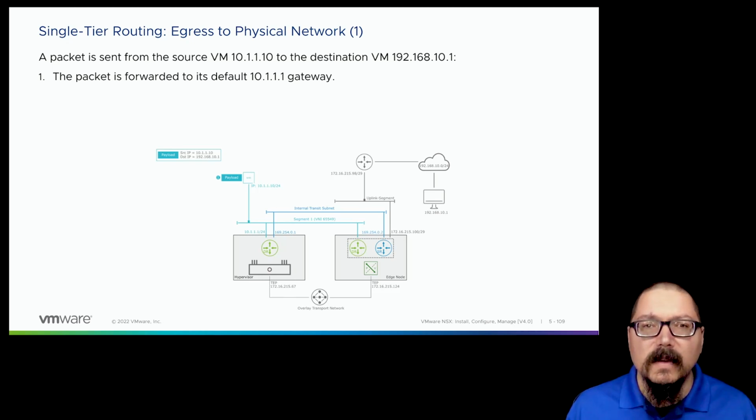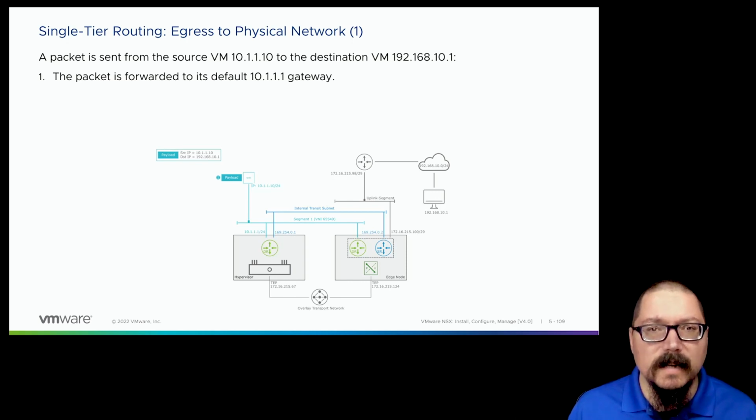When my virtual machine wants to talk to that physical machine, it's going to craft the packet. It's going to look at its routing table, and it's going to find that the closest match to 192.168.10.1 is going to be its default route at 0.0.0.0/0.